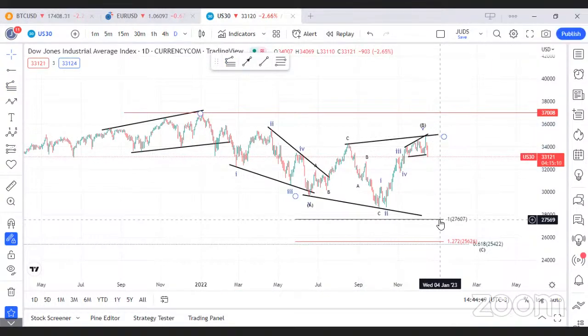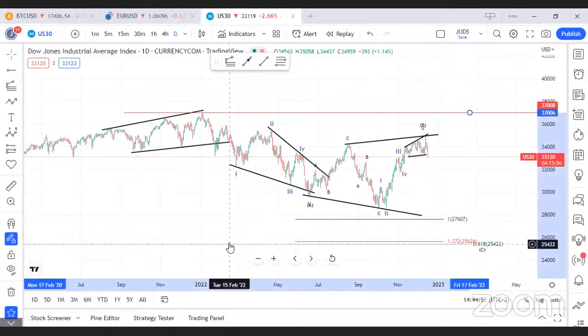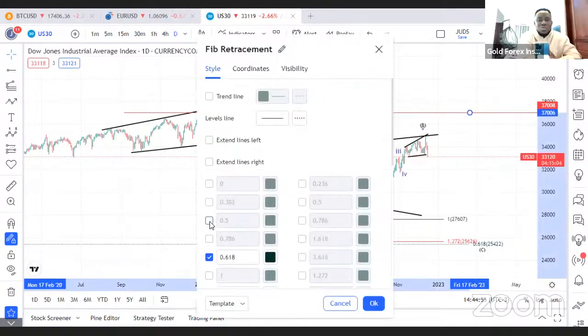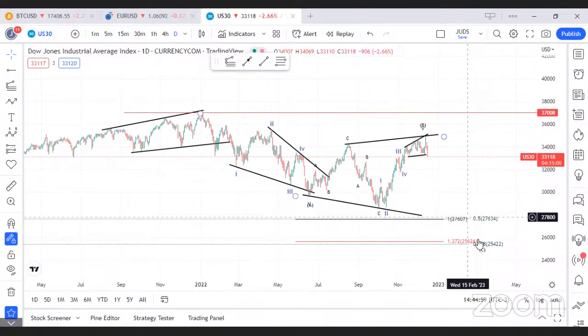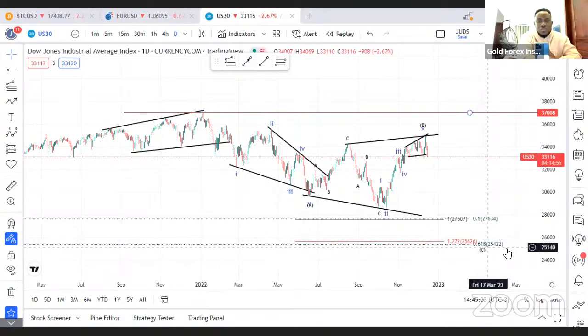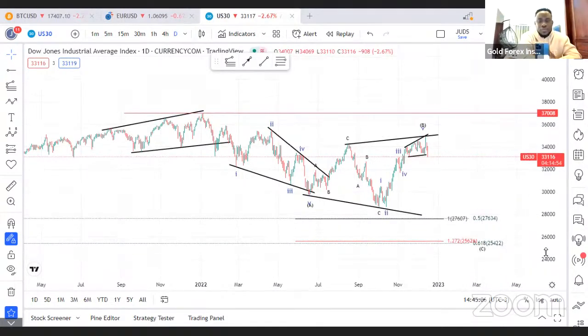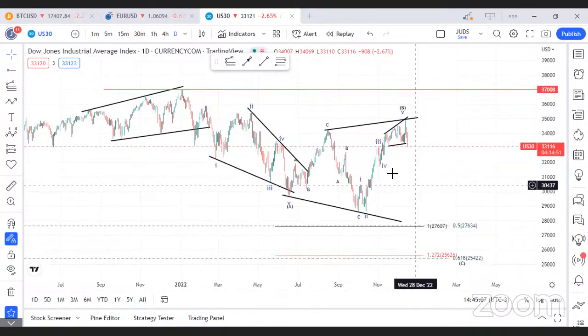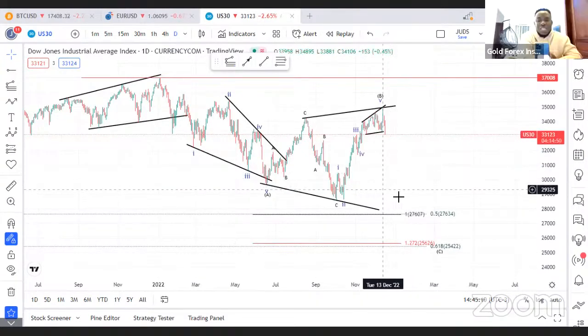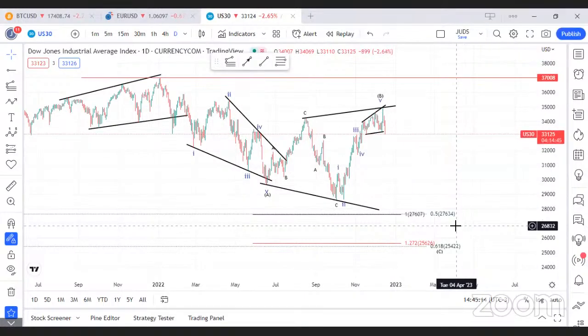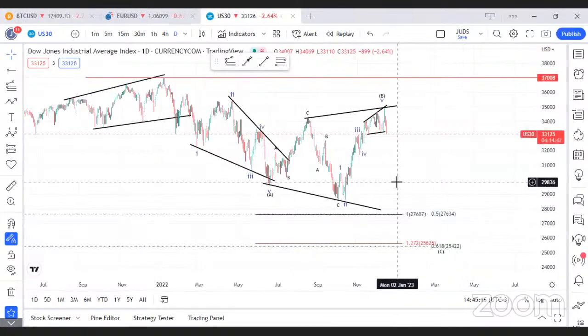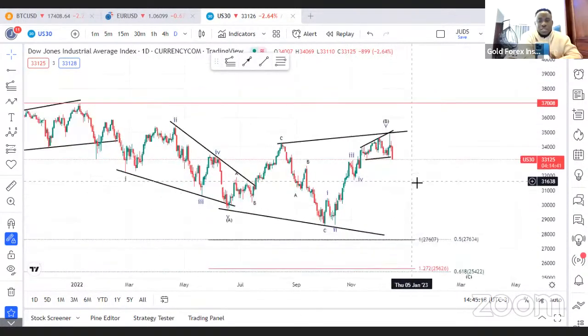I think it will be around the 50 retracement. Let me see. Okay, 50 retracement. But I think it will go to the 61.8. Yeah, exactly, it's exactly at the 50. So there's a high chance that we'll get to the 60. Because the 1.0 will just be like a safe take profit. Safe TP, exactly. But I think it will get to the 61.8. Exactly.